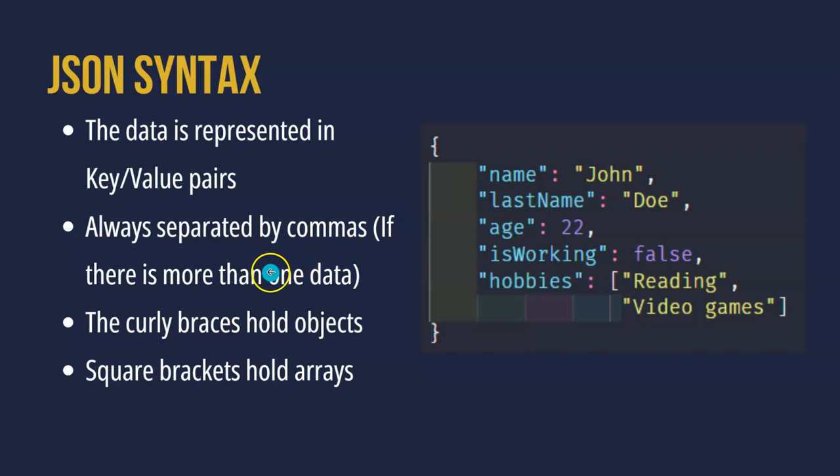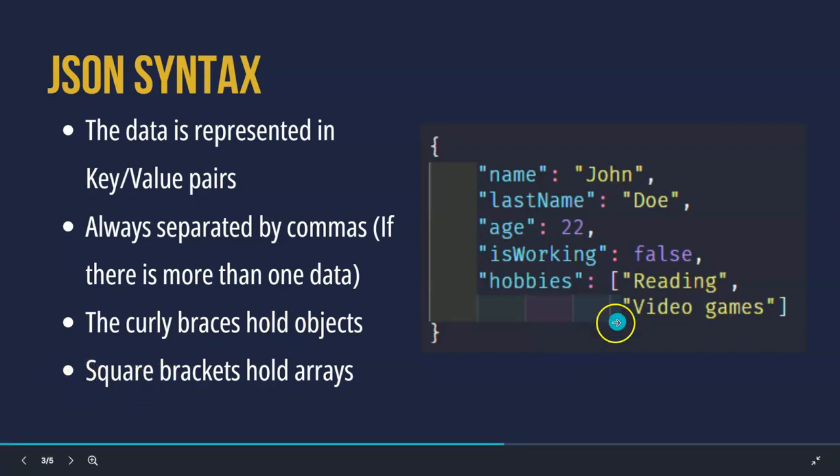But if we have more than one key value pair, we have to use commas to separate everything, right? If we don't do that, we will receive an error, so our JSON will be incorrect. Also, it is important to mention that the last key value pair doesn't have a comma.